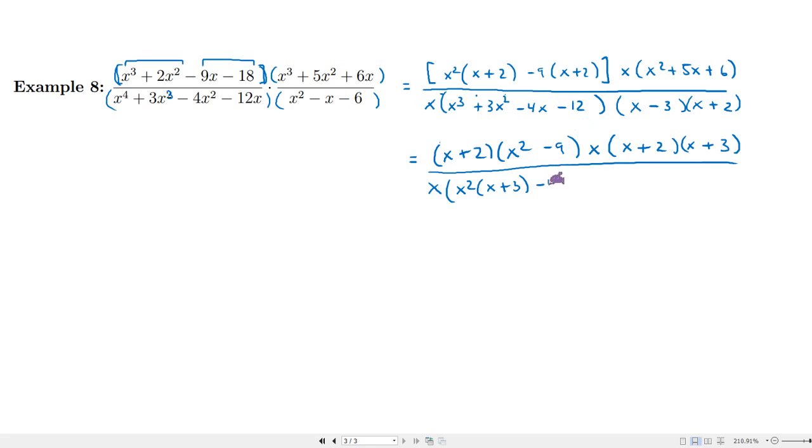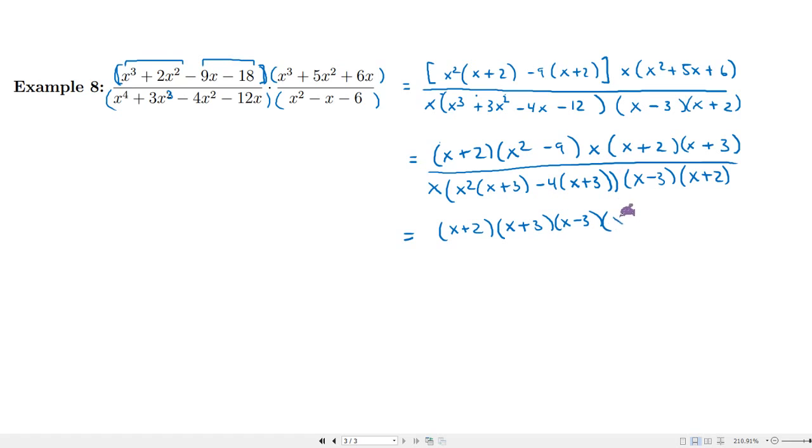And then if I factor out a minus 4, we will have an x plus 3. And this is x minus 3, x plus 2. So before I even simplify this, we probably could do a little bit of reduction. But you know what? Let's just finish it. So x plus 2. This is a difference of squares, so that's x plus 3, x minus 3.